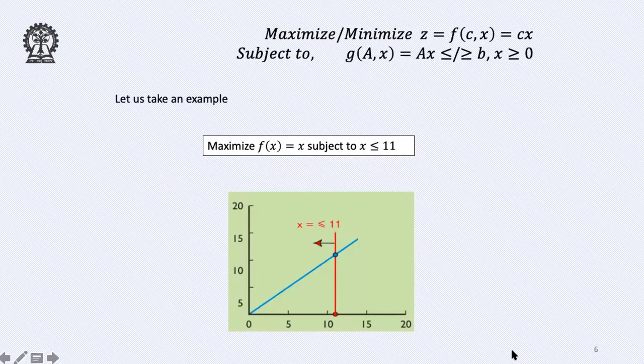That is, x equal to 11 is the red line, and x less than or equal to 11 is the area below it, and my decision is y equal to x. So if the y-axis is my objective function, it would simply be the blue line. The solution would be the intersection of the objective function and the constraint, and certainly it's x equal to 11. There is no doubt about it. Even without knowing geometry, you can solve it.